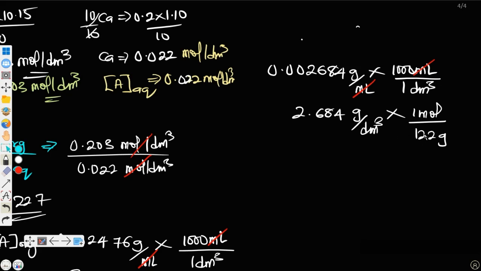But because we want to cancel gram, you can express it as 1 mole is equal to 122 gram, so that gram can cancel gram. So you have 2.684 divided by 122, that will give us exactly 0.022 mole per dm cube.